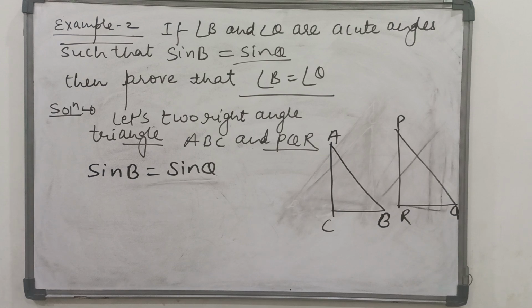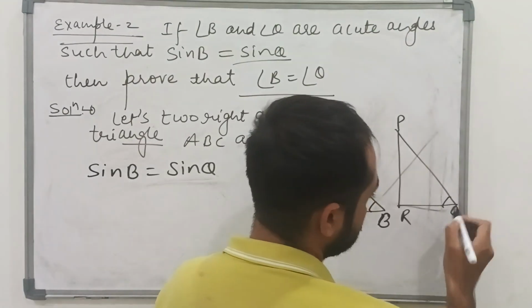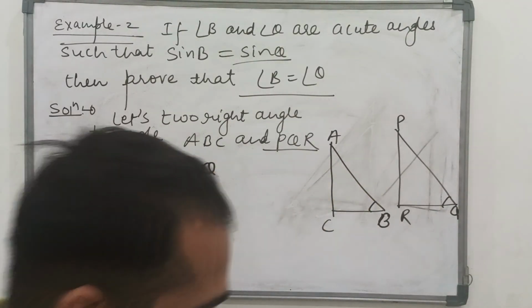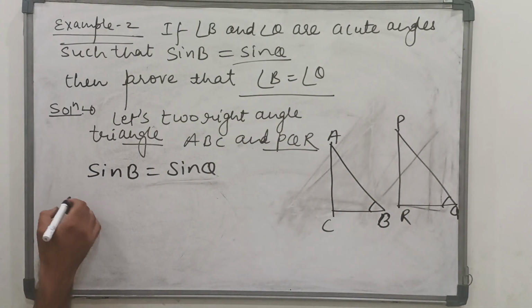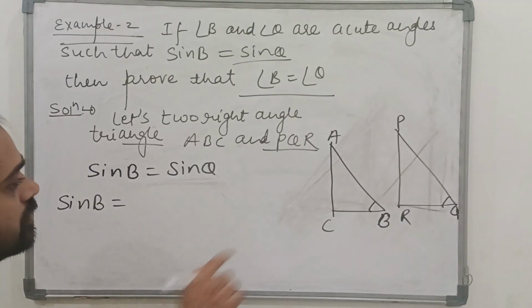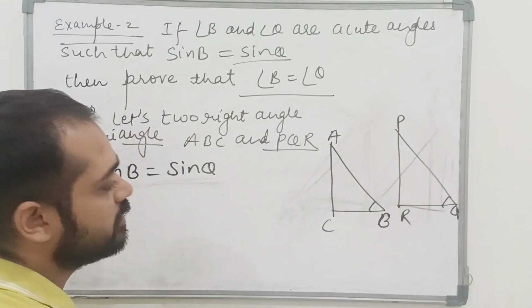Now, what is sin B? This is angle B, this is angle Q, in triangles ABC and PQR as already discussed. What is sin in trigonometry? Sin is perpendicular upon hypotenuse.